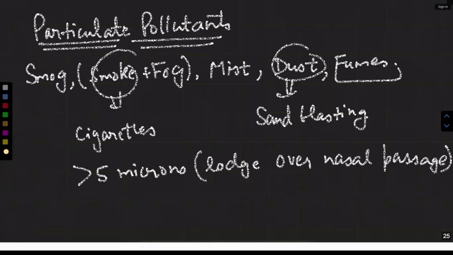Those above 10 microns can even harm our lungs. Particulate pollutants are of course very harmful for a human being, like leaded petrol. Leaded petrol was a primary source of airborne pollution, and it was causing harm to human health. That's why nowadays we are using lead-free petrol. Then coming on to smog, we have photochemical smog, which we have already discussed.